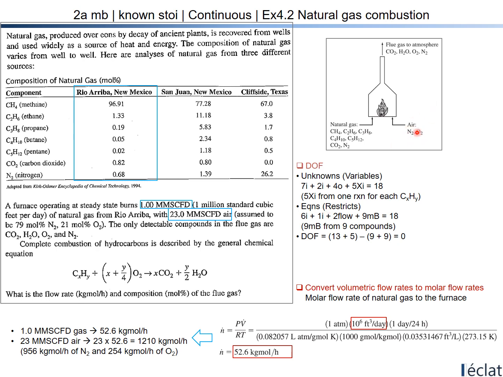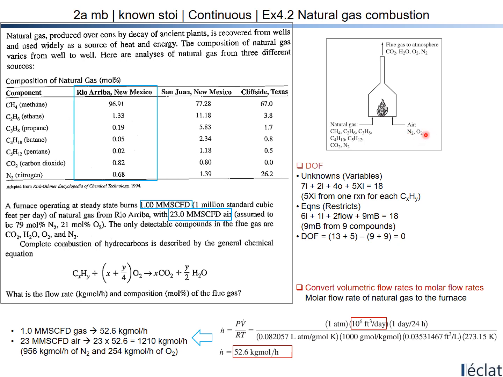In terms of the composition, we have 7 values, but I said 6 inputs because the total summation of the composition is 100%. So only 6 compositions are independent. The same thing for stream 2.